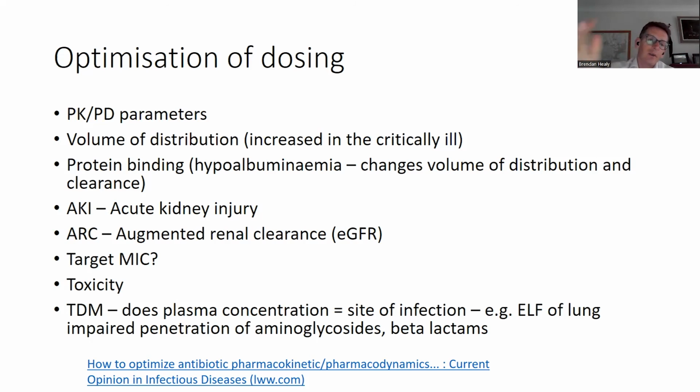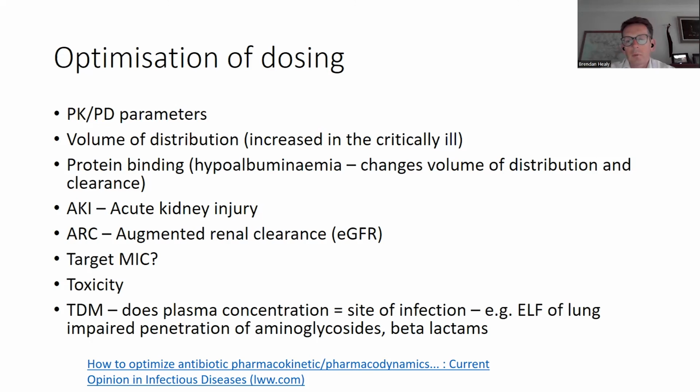However, I've put all this down, and it's all very interesting, but what does it mean in reality? Well, in the UK, we rarely optimize dosing in the critically ill in the way that the papers discuss it. And why is that? Well, the real reason is we don't have therapeutic drug monitoring for most of the antibiotics. So we're lacking that piece of information.